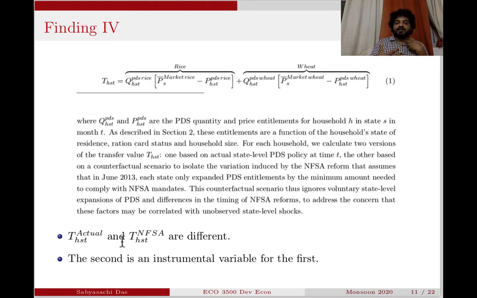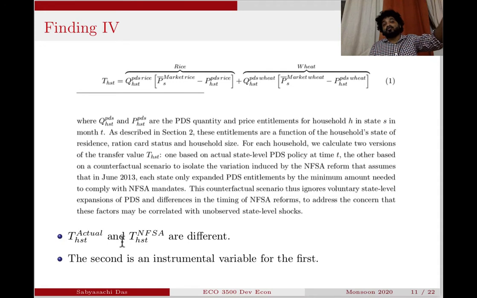Why? Because one, the different states changed at different points in time. Not everybody changed in 2013, and that's endogenous. Some states are delaying it because of political concerns, etc., which could be correlated with labor market outcomes of households. So therefore, that's the endogeneity. Second is even the amount of change.